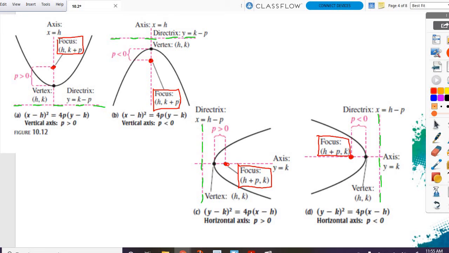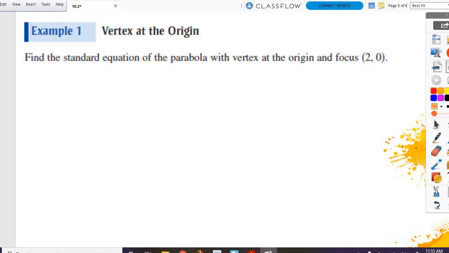Alright, so let's look at an example. It says find the standard equation of the parabola with vertex at the origin and focus at 2, 0. So what might it be helpful to do first? Well, yes, but before we do that. Usually when we're talking about our conic sections, we're going to draw a rough sketch, because that's going to help us know which equation we want to use.